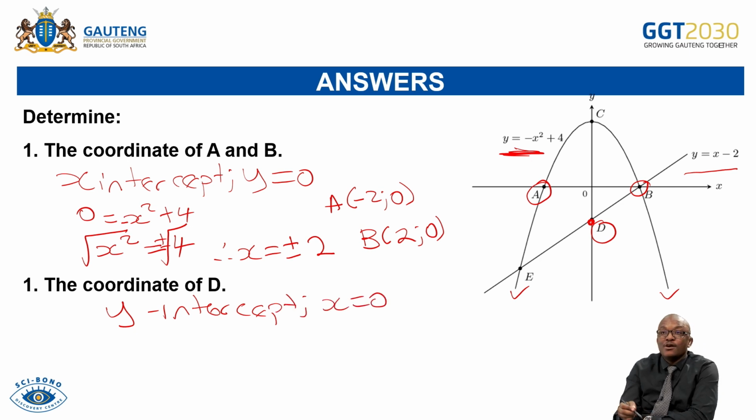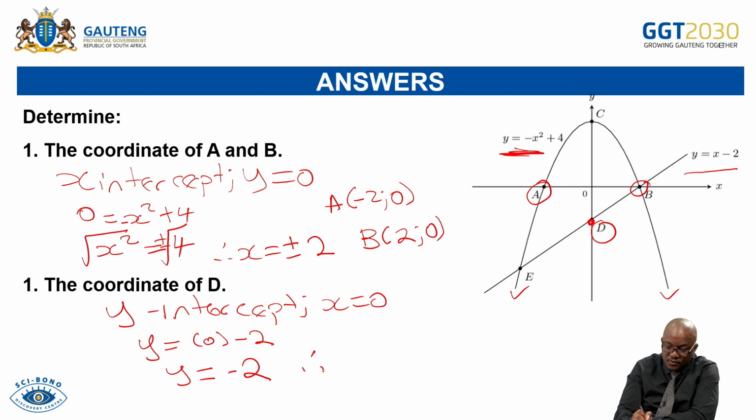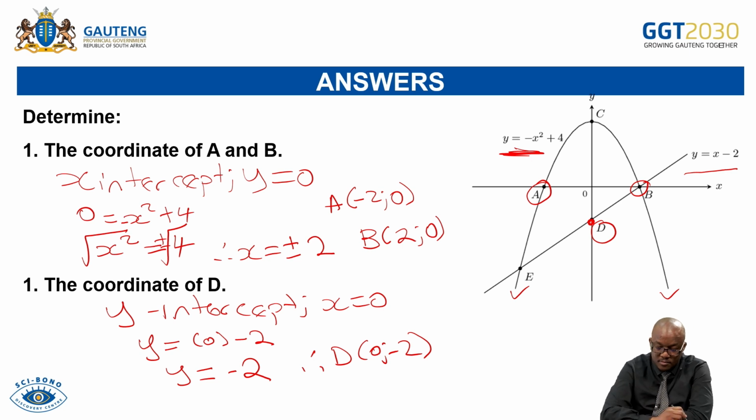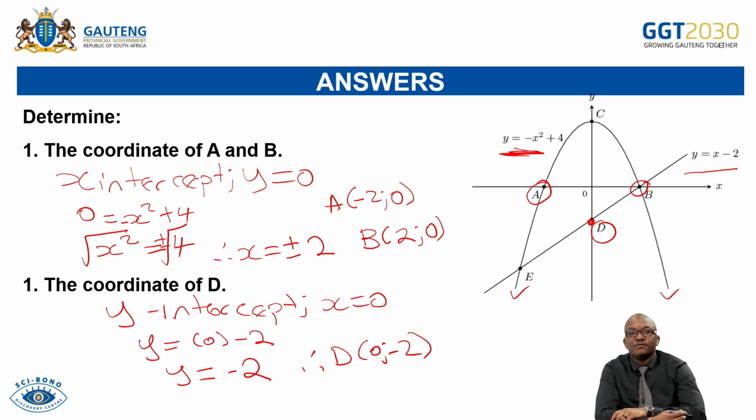But in this case, we are talking about the straight line, not the parabola. y is equal to 0 minus 2, so y is equal to minus 2. Therefore, D is (0, -2). Then you get your full marks.